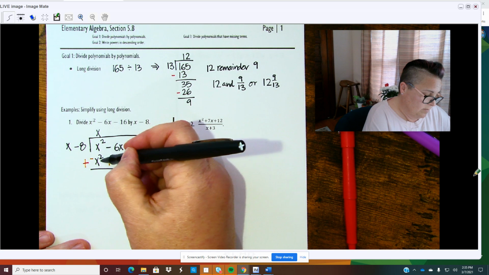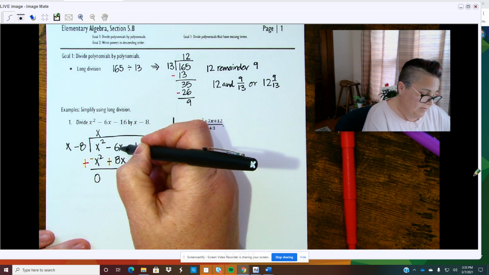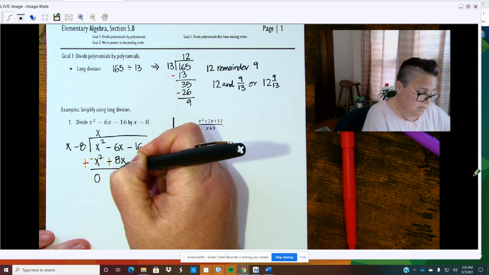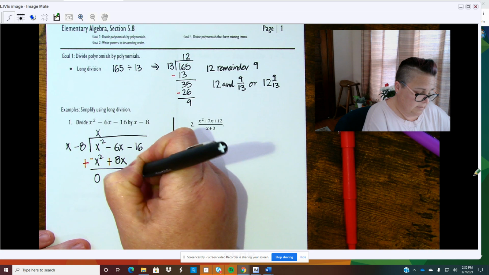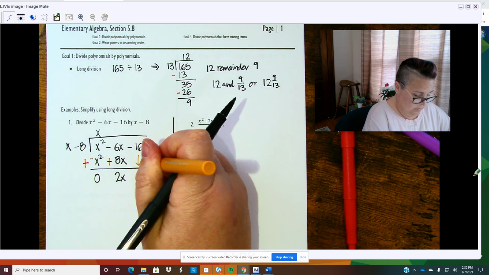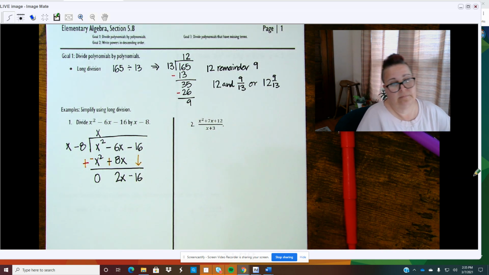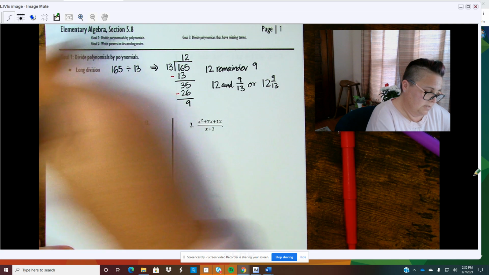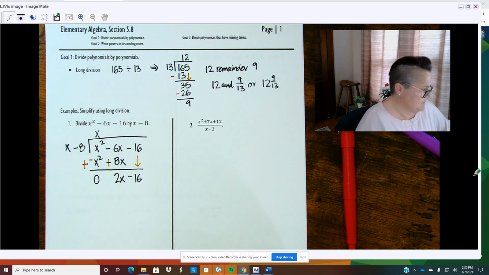So I have x squared minus x squared, which is 0x squared. And I have negative 6x plus 8x, which is 2x. And then I'm going to bring down that minus 16, just like we did up here, we brought down that 5. Same idea.